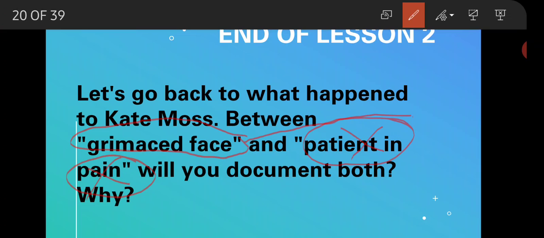Not unless Linda Evangelista asked to rate the pain, to give a pain scale, then definitely you need to put it down. However, most of the students wanted to put also patient in pain. It was actually a distractor of the question. Okay, so you do not include patient in pain because it was not part of the assessment.